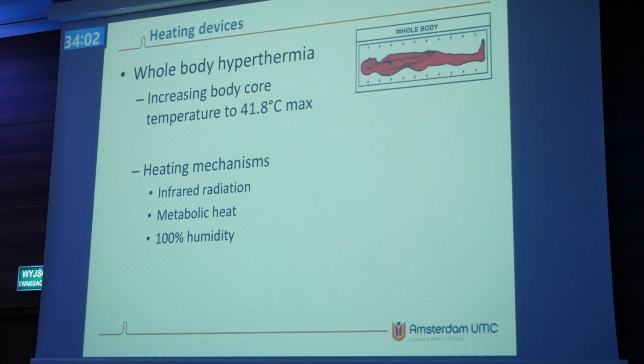So the heating mechanisms used are mainly infrared radiation, and also very important is to realize that you can use 100% humidity near the patient in order to prevent the cooling mechanism of the patient to take action against this temperature rise. But the most commonly used method of heating is the infrared radiation, because if you rely on the second one, the metabolic heat, then it will take decidedly longer to reach the 41, 42 centigrade range.